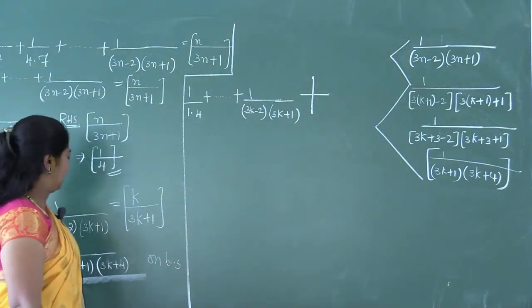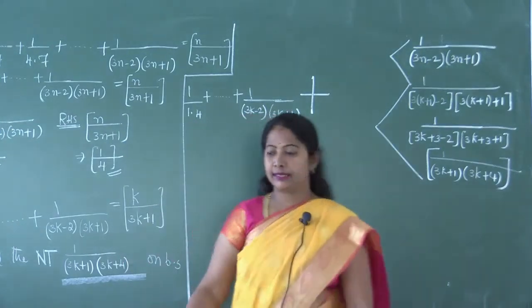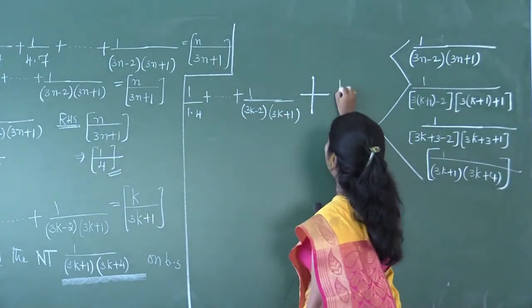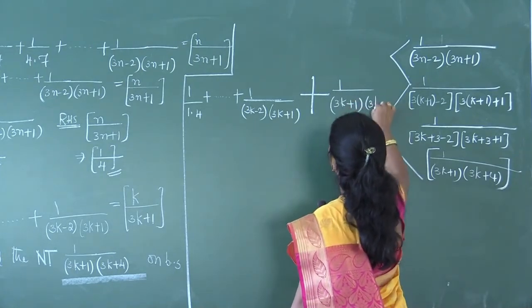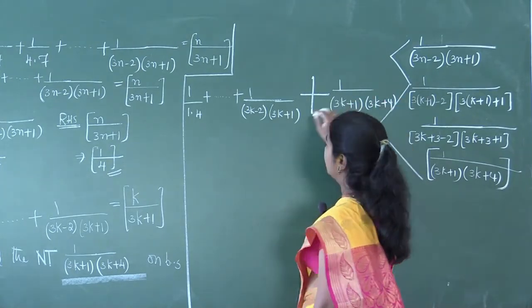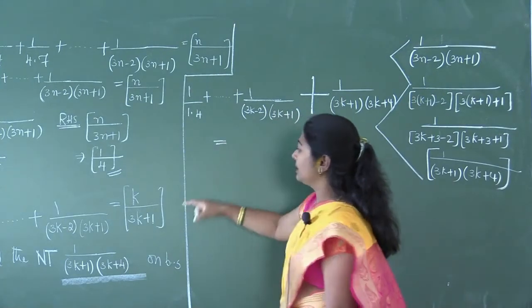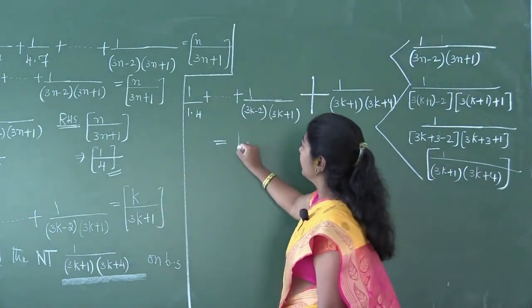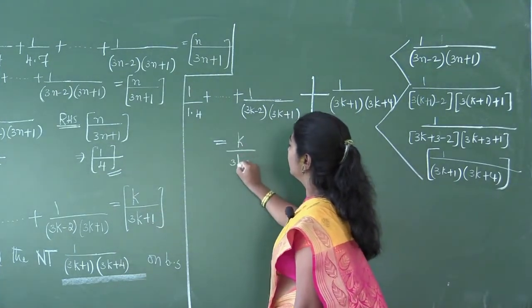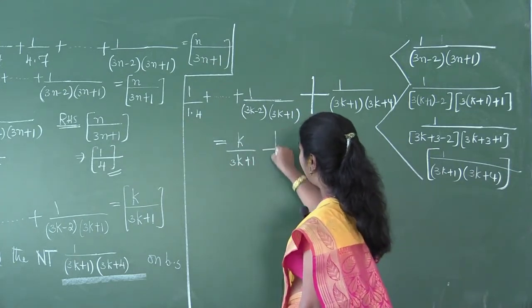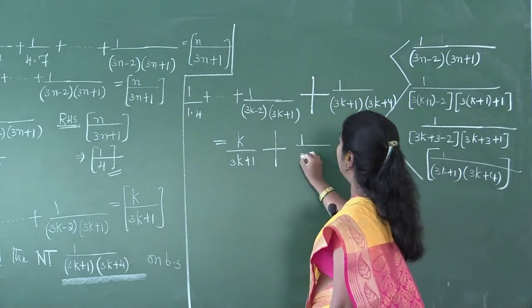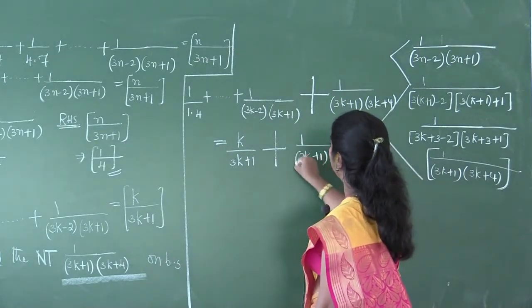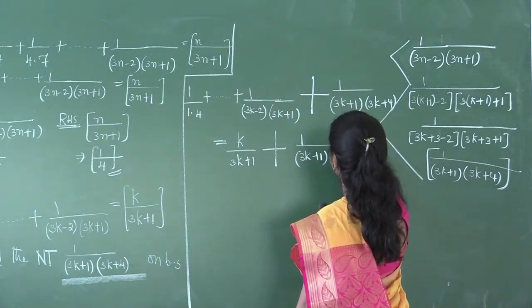So I am adding the next term on the LHS now. This is about the LHS. And what is RHS here? K upon 3k plus 1, adding to RHS as well the next term. So what is the next term? 1 upon 3k plus 1 into 3k plus 4.